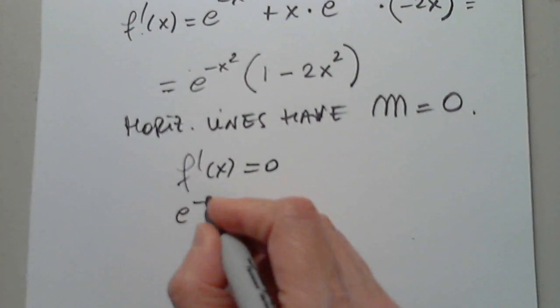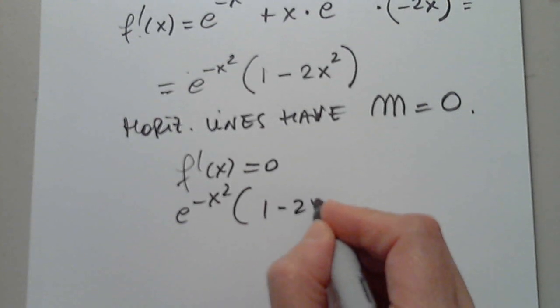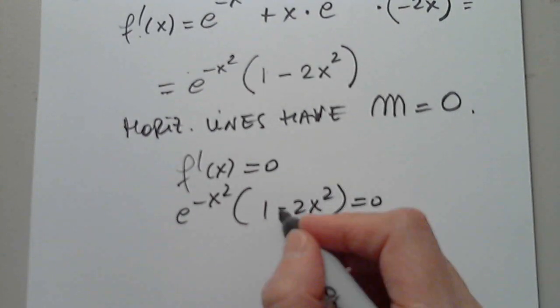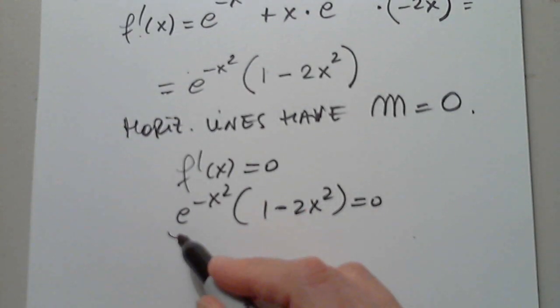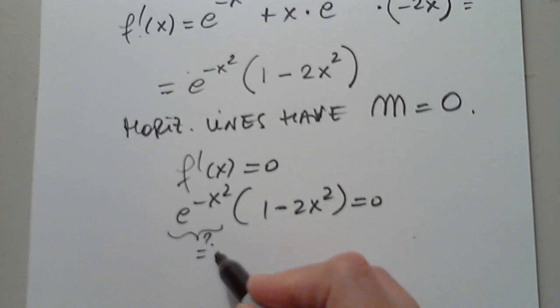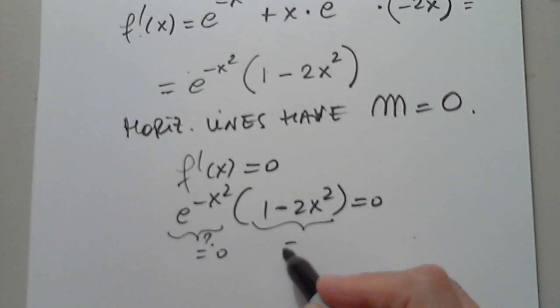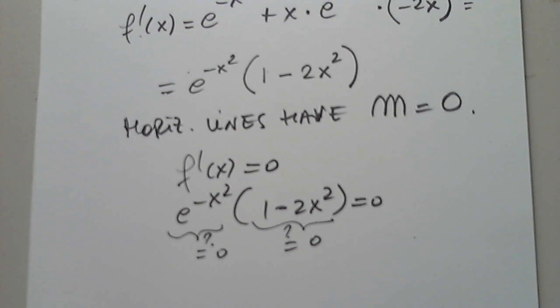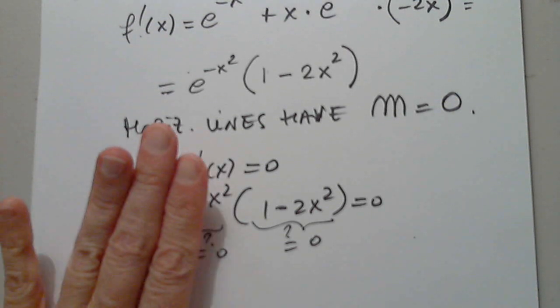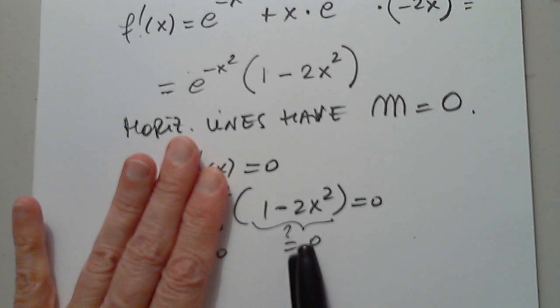Okay, so e to negative x squared times 1 minus 2x squared equals 0. Can this be 0? Let's start with the easy one. Can this be 0?